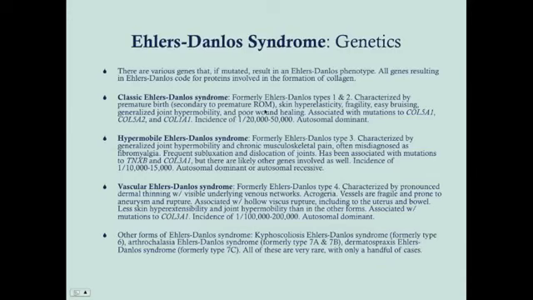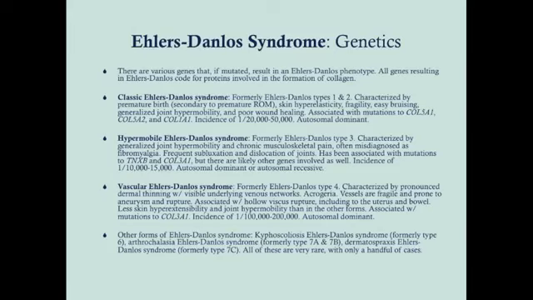Those are the symptoms we typically associate with Ehlers Danlos syndrome, and this is what we see in the classic form. This is associated with mutations to type 5 collagen and type 1 collagen. It has an incidence of 1 in 20 to 50,000, and this is inherited in an autosomal dominant pattern.